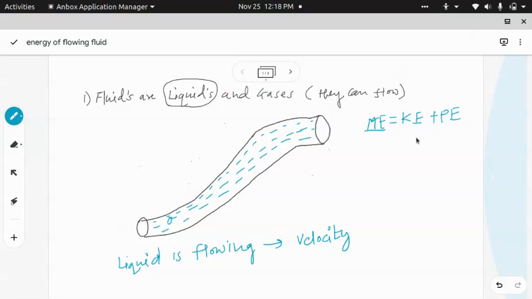Kinetic energy is due to motion, and potential energy is due to position.